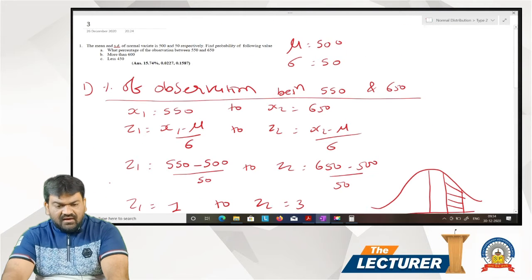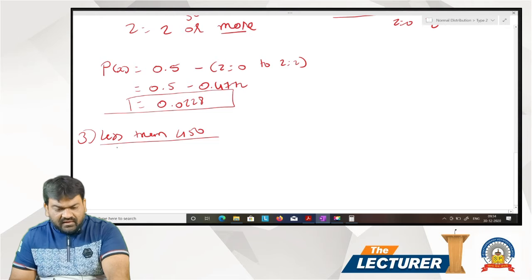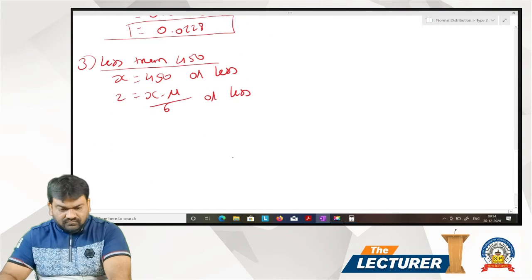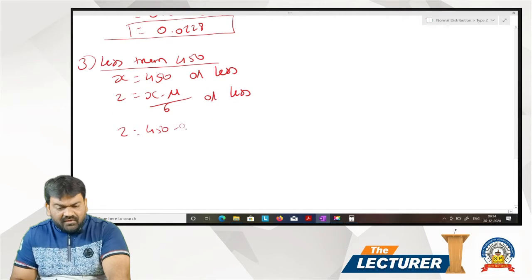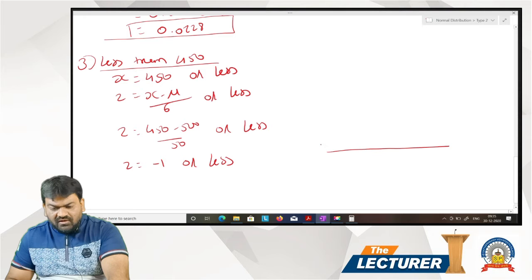Next, the third one, less than 450. X is 450 or less. Convert x into z, x minus mu upon standard deviation. Z is equal to 450 minus 500 divided by 50, or less. Z is equal to minus 50 divided by 50, that is minus 1 or less. Draw the area under the normal curve. In the exact center z is equal to 0.